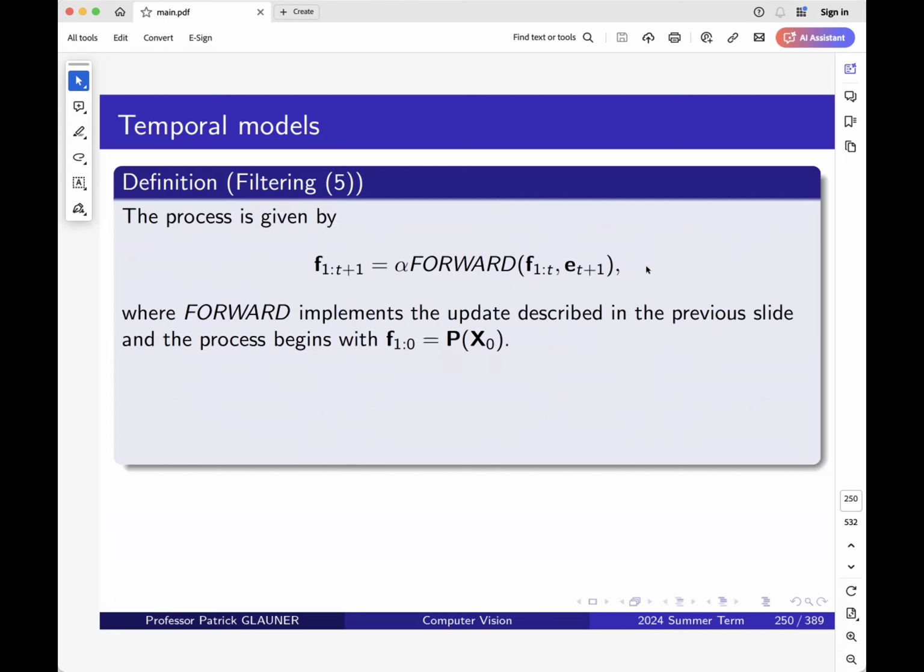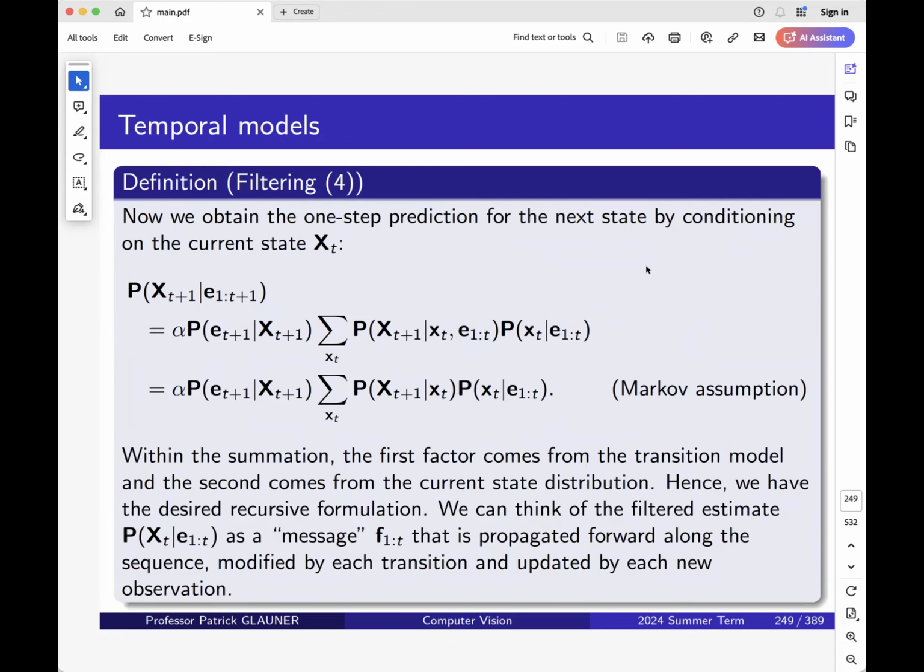There's also some more detail in the literature: we can interpret filtering, this new estimate of xt given all the concrete evidence, as a message f from 1 to t that is propagated forward along the sequence.